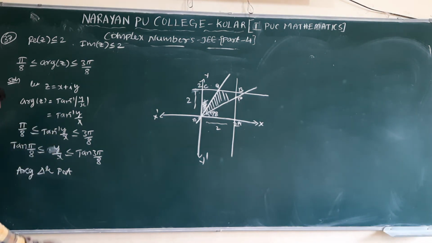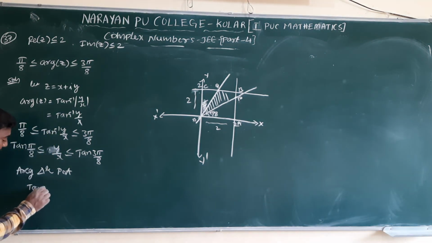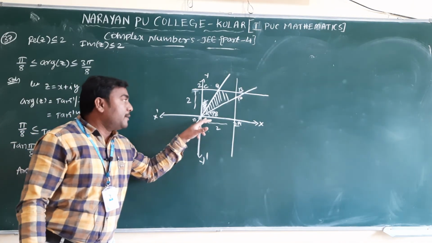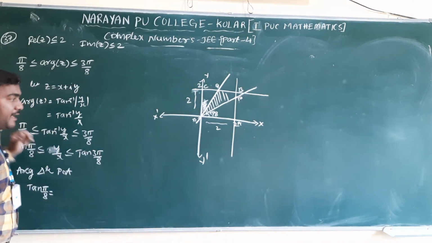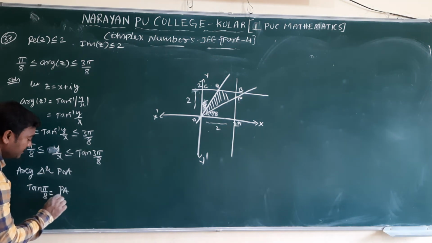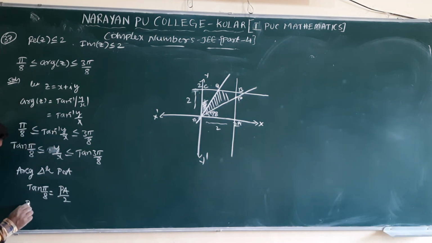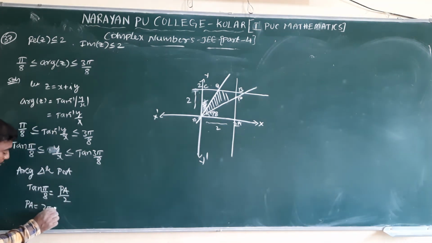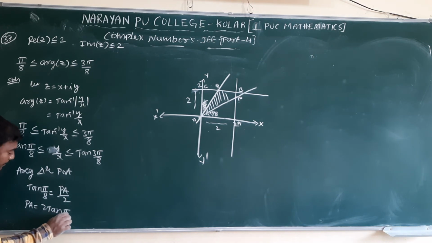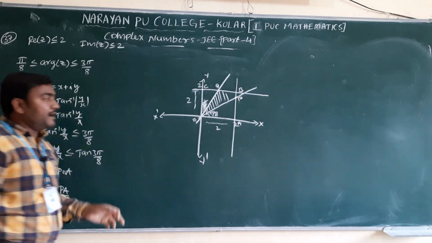Here, tan pi by 8 is equal to opposite by adjacent, PA by adjacent value 2, so PA is equal to 2 into tan pi by 8. Then we have to find the required area.